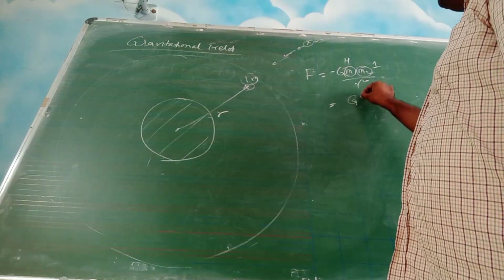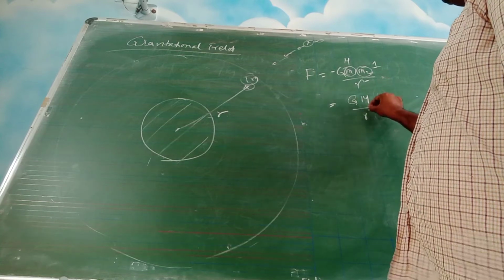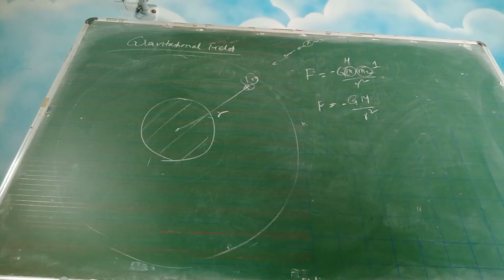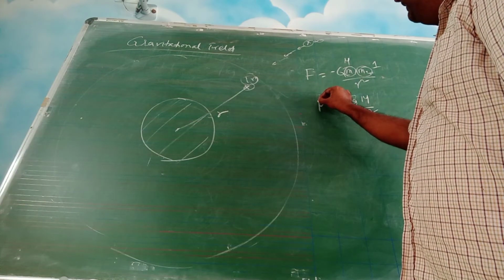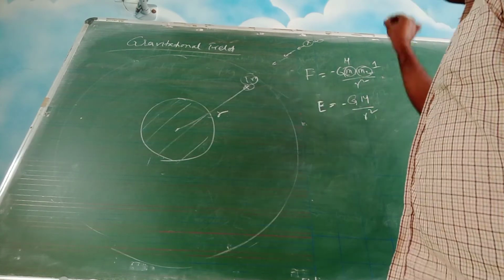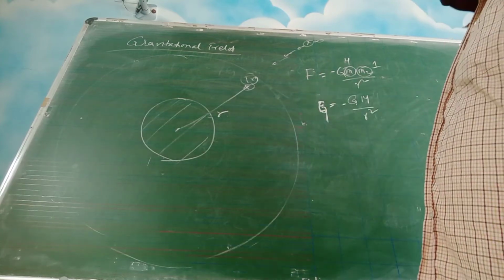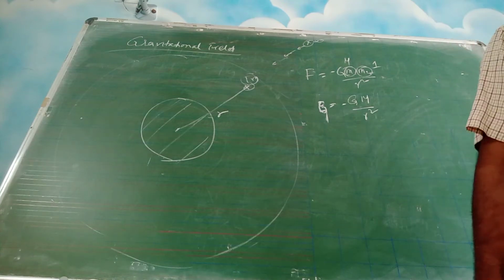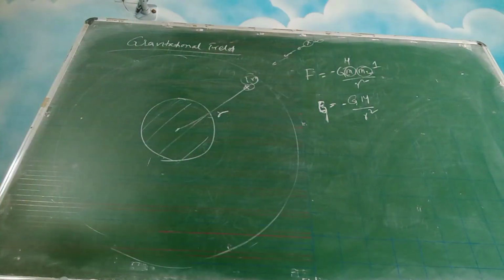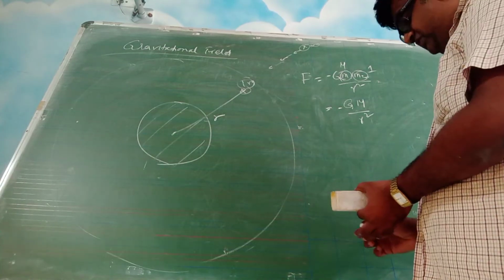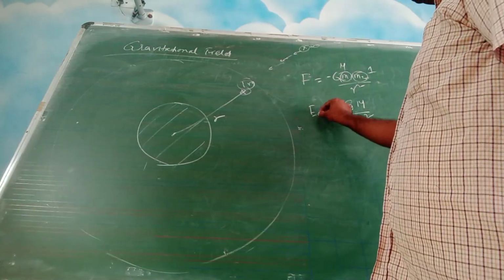So it becomes GM by r square, with a minus sign. Because we are talking about the gravitational field, I will use a term called E suffix g.